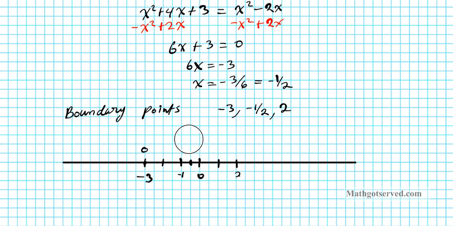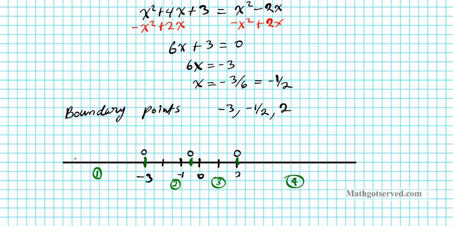Let me make sure they're all lined up properly. So we have one at -3, one at -1/2, and one at 2. Let's put a circle at each. Since we have 3 boundary points, that gives us a total of 4 intervals. Interval 1, interval 2 from here to here, interval 3 between these 2 points, and then this is interval 4.